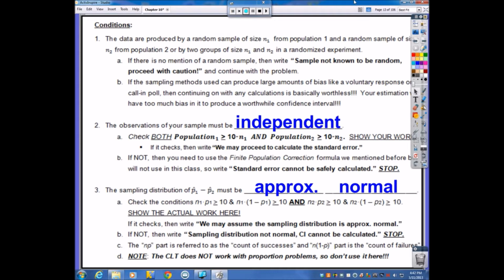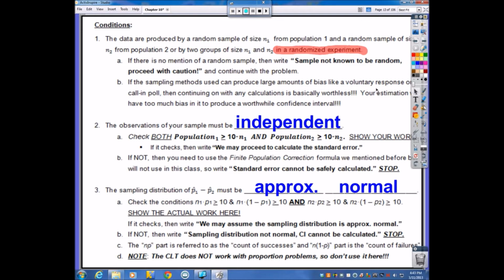You've got to make sure that your 2 samples are both random samples. Or, here's what might be a new thing involved. The samples may not necessarily be randomly selected, but if you were doing an experiment, you want to make sure that your 2 treatment groups are randomly assigned. So they may mention using a coin or some sort of random tool to randomly assign subjects to treatment groups.